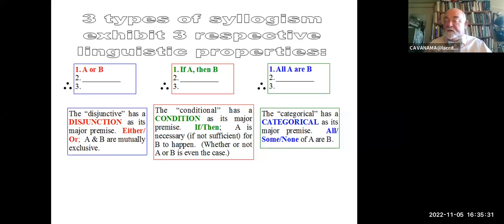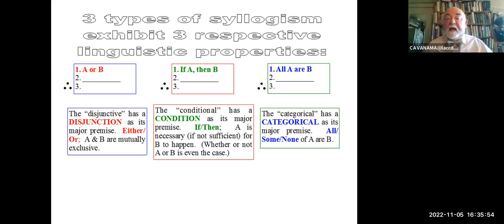We looked at three types of syllogism. Notice, by the way, that what distinguishes the three types of syllogism are the respective major premises. We looked at the disjunctive, the categorical, and the conditional. The disjunctive syllogism has a disjunction as its major premise. And again, the disjunction we're using is the exclusive, not the inclusive. We're using the either-or.